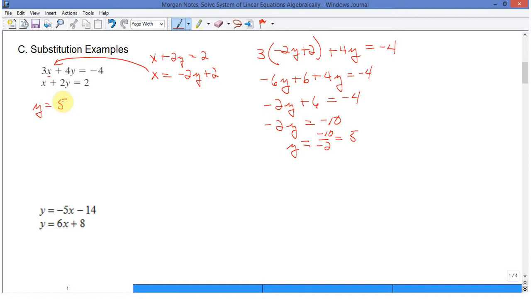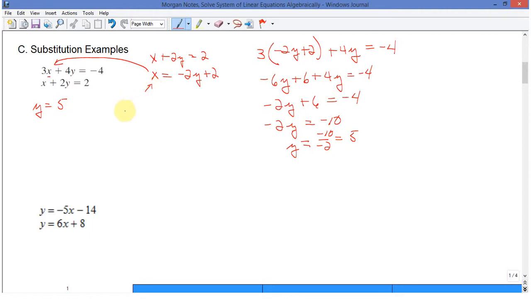Now I need to substitute this value of y into one of my original two equations, or I could substitute it into this equation here that I obtained when I isolated the x, and that looks like it's going to be a pretty easy one to find an x value for.